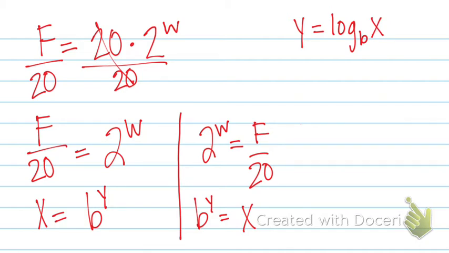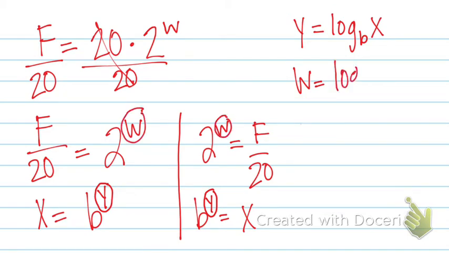So what is my y? In either of the bottom equations. They're both the same. So what is my y value? Here's y. What's in the same place as that y? W. See, here's the w. It's in the exponent. Equals my log. What's my base?